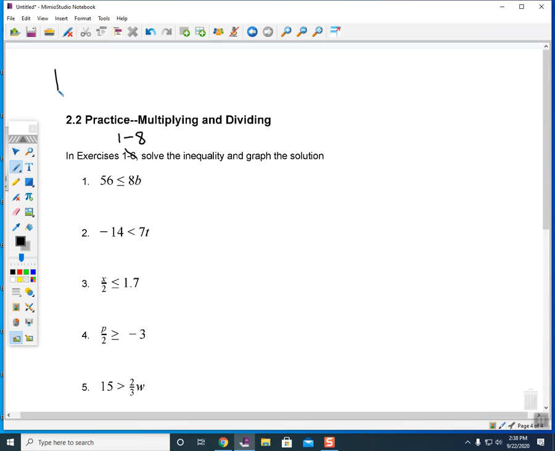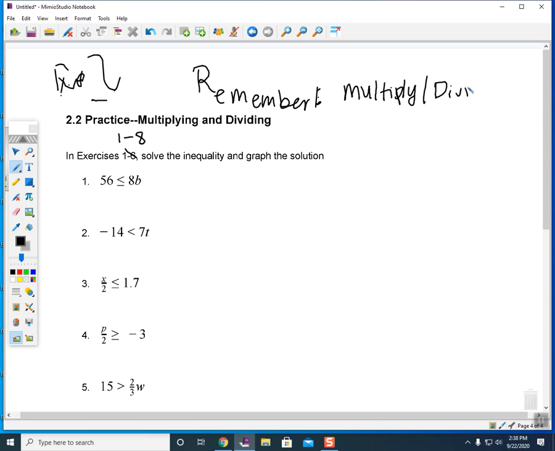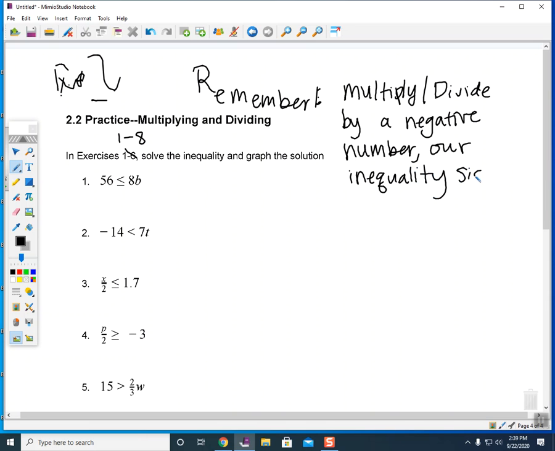Remember that when we multiply or divide by a negative number, our inequality sign flips.